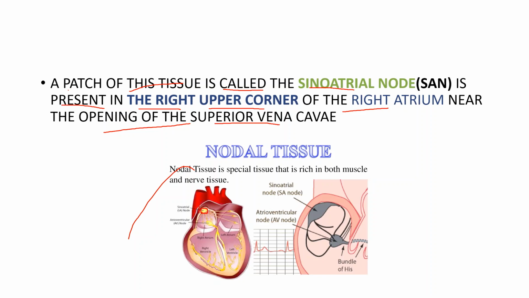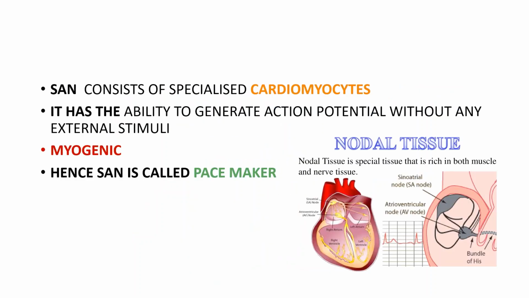See, this sinoatrial node consists of specialized cardiomyocytes. Cardiomyocytes are the specialized cells present in the sinoatrial node which can generate action potentials. It has the ability to generate action potentials without any external stimuli.